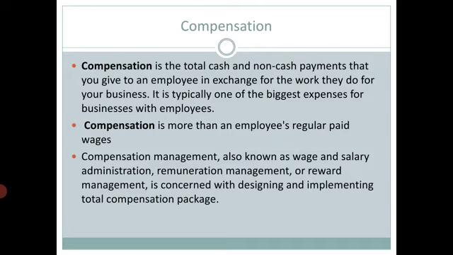Even if anybody wants to initiate a business, he is in need of these 4 factors of production. The first factor of production is land. Why do we need land? Land is needed so you can incorporate your business at that location.